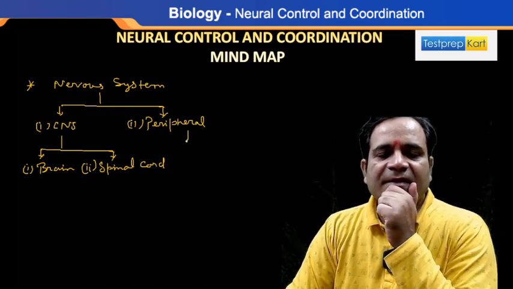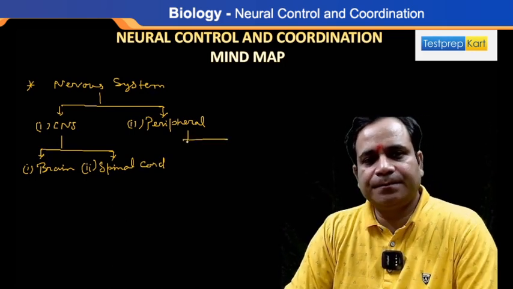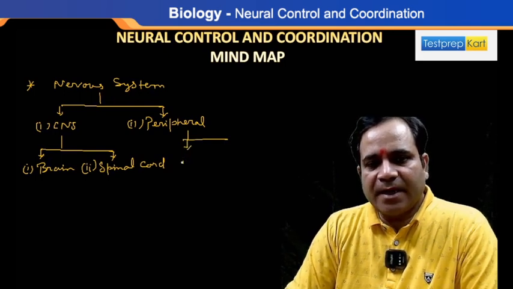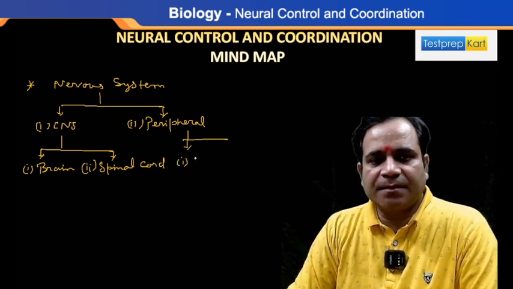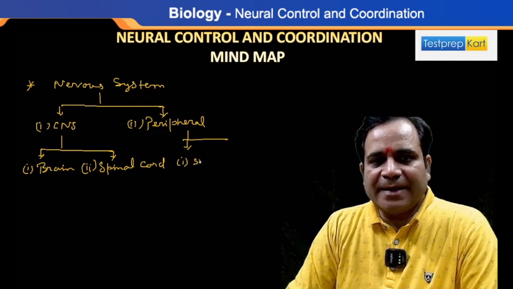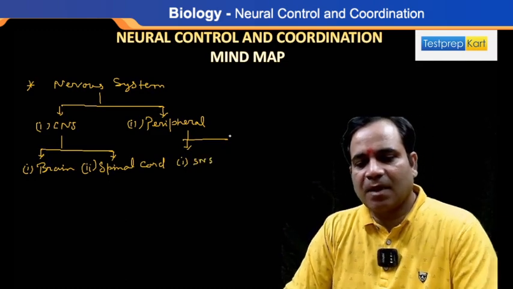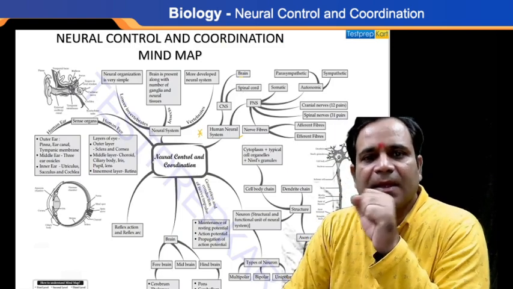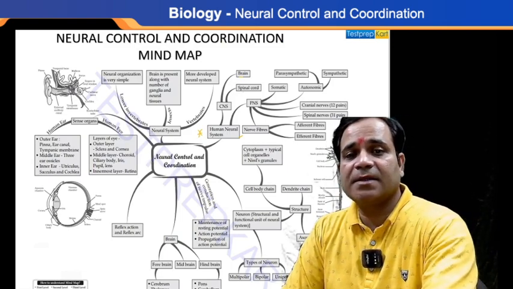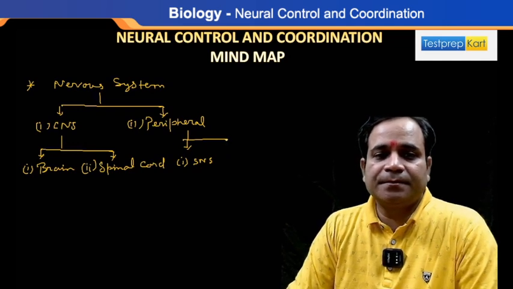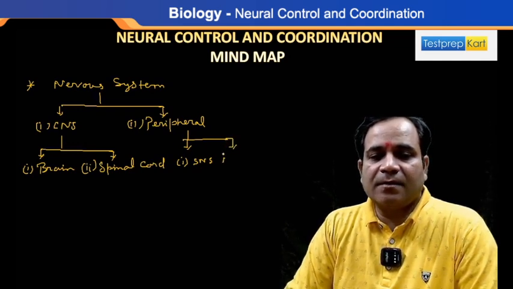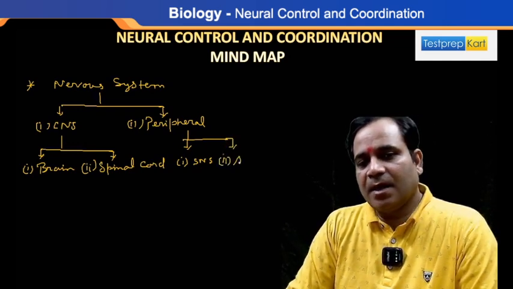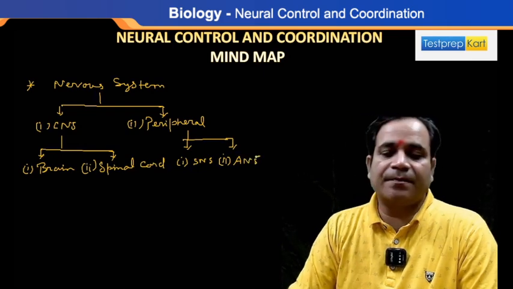In the peripheral nervous system, how do we classify? That is the somatic nervous system. You know the meaning of somatic? See here, the somatic nervous system. The second one is what? Autonomic nervous system. SNS and what? ANS, autonomic nervous system. Clear?